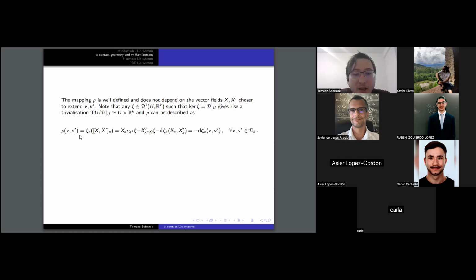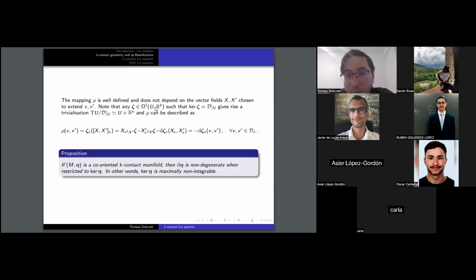So as you can see, this mapping is well defined. If we additionally say that, previously we took any differential K-form, now we take the K-contact form, then we can see that our d eta has to be non-degenerate when restricted to the kernel of eta, because those vector fields are taken from the kernel of eta.